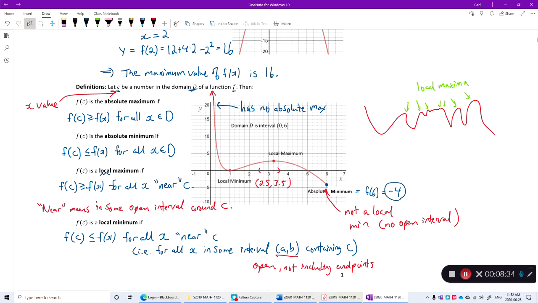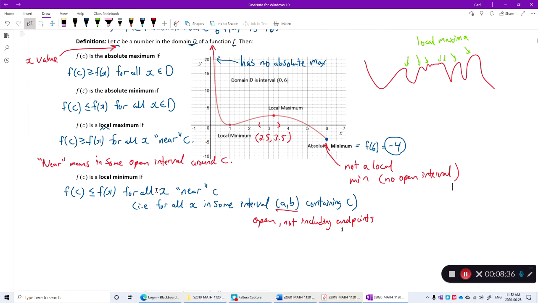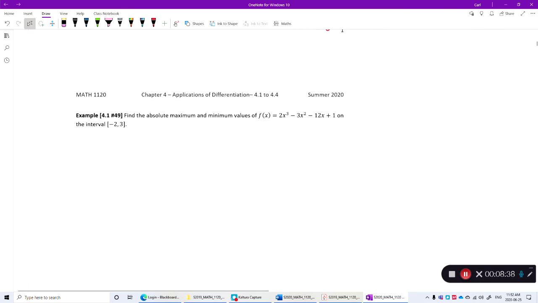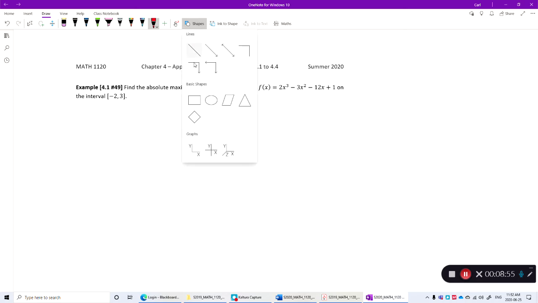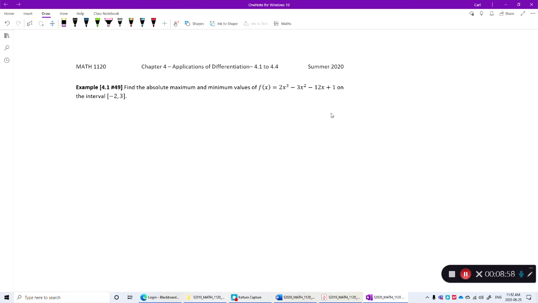Okay, so we're going to apply these concepts now to a slightly more complicated function. This is example number 49 from the textbook. Find the absolute max and min values of this function on the interval -2 to 3. Now, after we make some progress here, we're going to actually sketch the graph based on Desmos, but for the moment, we're going to try to do what we can without the graph.